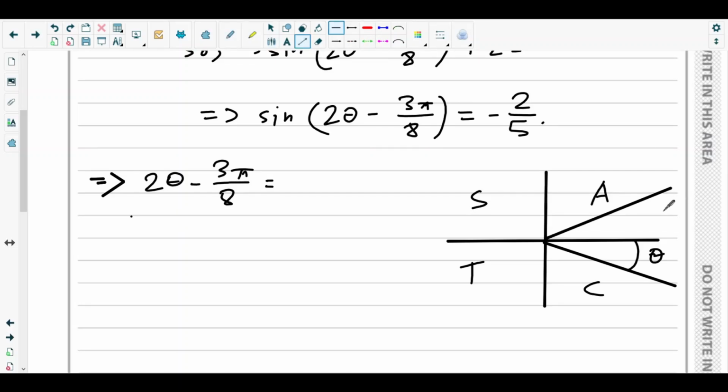The principal angle is the angle which we use to consider the value of sine theta at different quadrants, and using that we find the possible values for theta. The positive of negative 0.411 is the principal angle, which is positive 0.4115168.